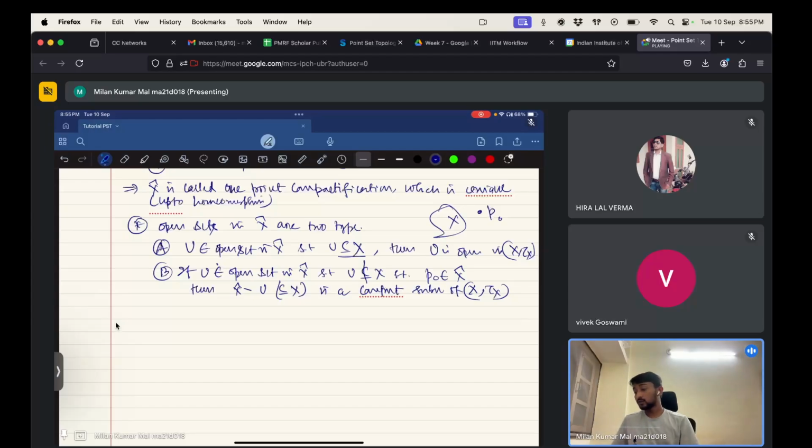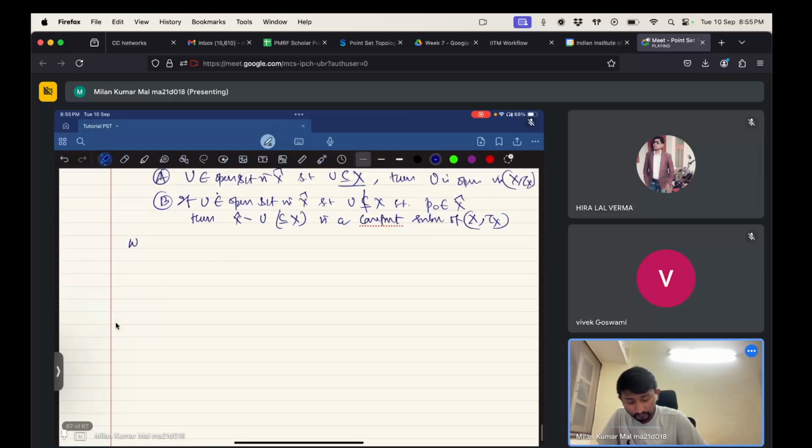Okay. Now what I want to prove here is the 1-point compactification of a set. That is what I mainly want to prove. Suppose I want to prove it for R to the power n. We know that R to the power n is locally compact.